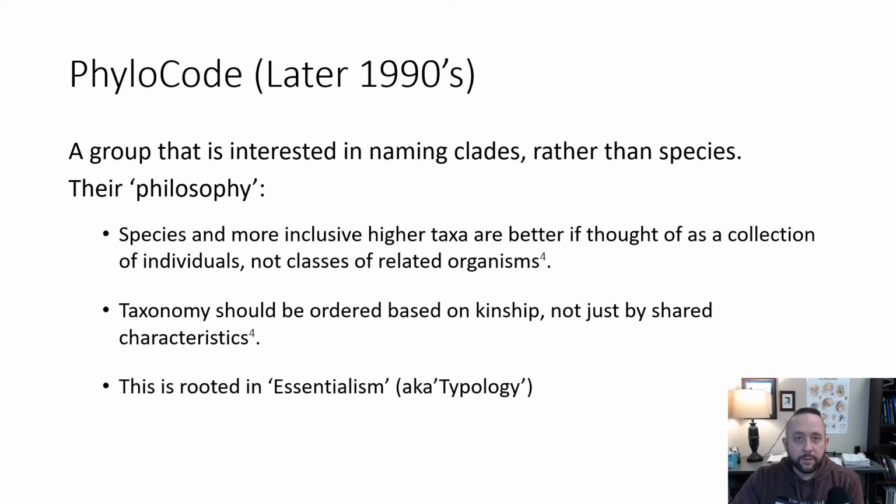There's a philosophical debate on whether we can even say there are things such as a species. Maybe we're just a collective group of organisms, or maybe that's what we're trying to study. But what is more acceptable probably is that they agree that taxonomy should be based on evolutionary relationship or kinship, and not just by those shared characteristics.